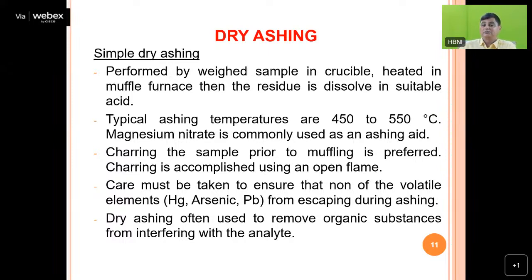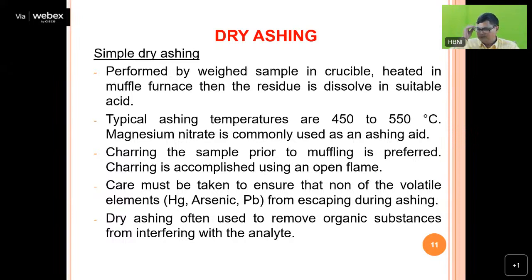But if you are interested in the analysis of mercury, arsenic or lead, then this kind of dry ashing is not possible, and it has to be done by microwave digestion only, because these elements will just evaporate.